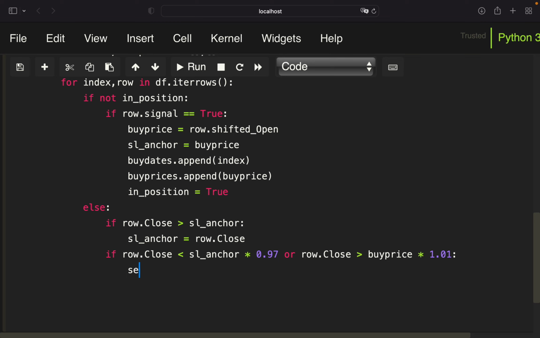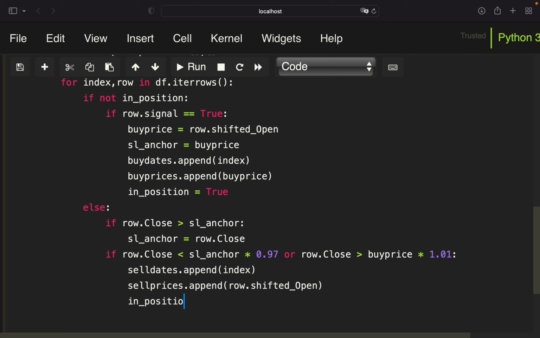When this is happening, I want to append to my sell dates list and also to my sell prices. Again, I'm taking the shifted open as I can only sell on the next time step's open.